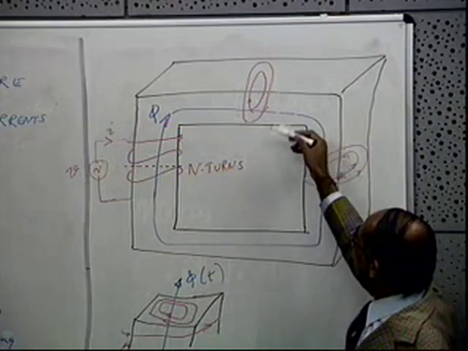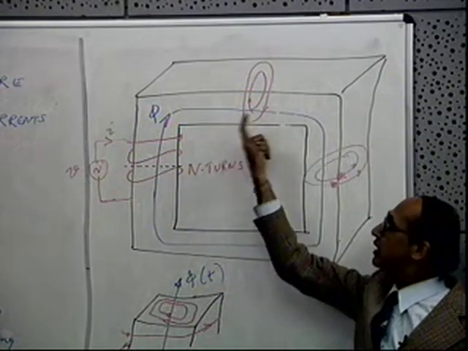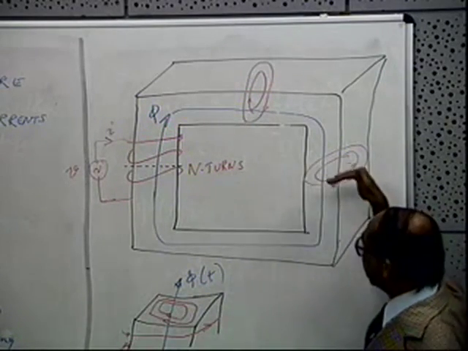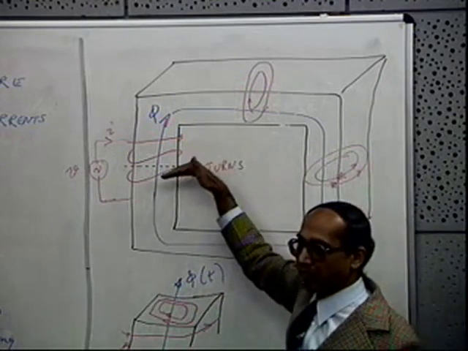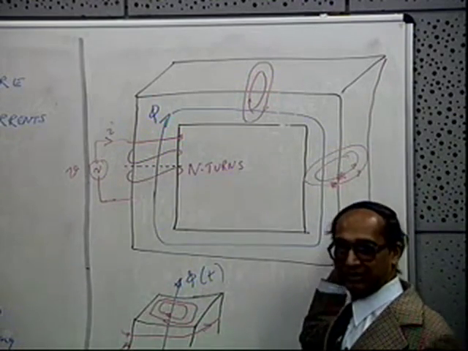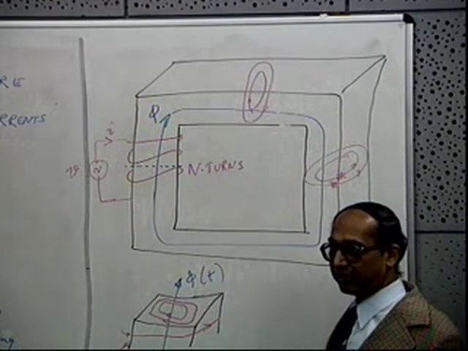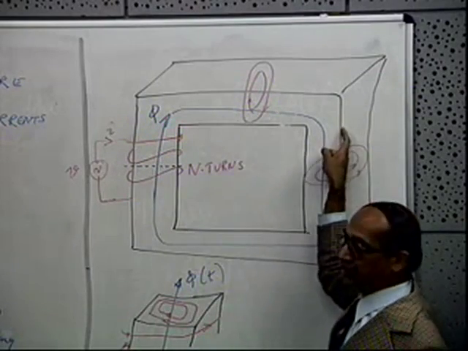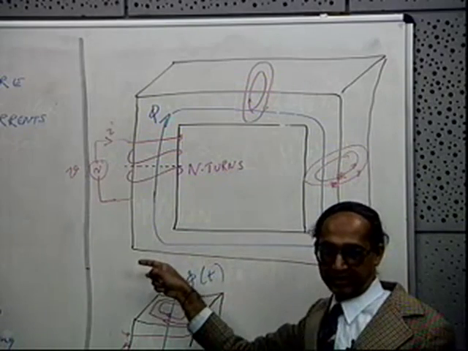Even here, it is this way. In the other side it will be opposite of this. That means the eddy current direction here, if you just cut it here and look from the top, will be the opposite way. And same thing here, because the flux direction has changed. The flux is increasing here in this direction.